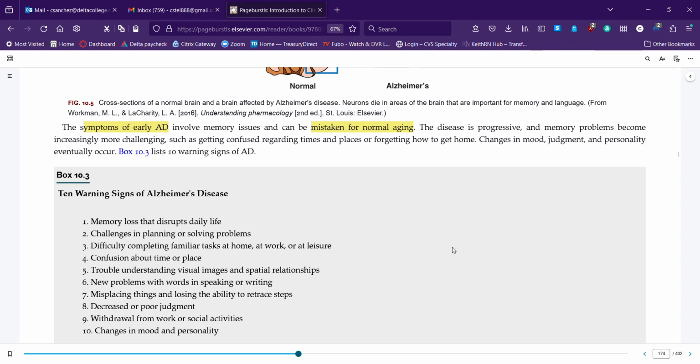So the disease is progressive. What that means is that it continues to get worse. The memory problems are going to become more and more challenging, and in the beginning they may be getting confused regarding times and places, or forgetting how to get home. They may leave to go to the grocery store and not be able to find their way home.